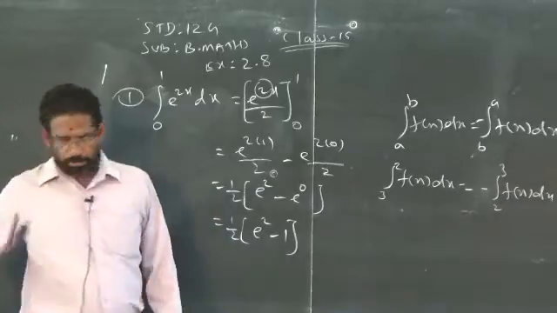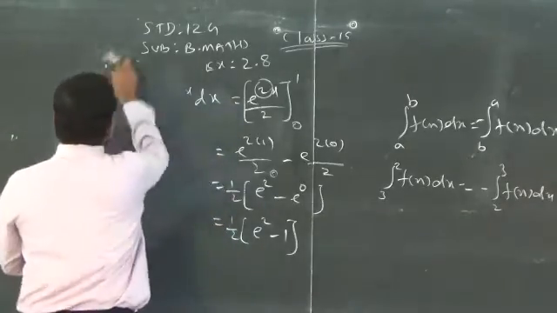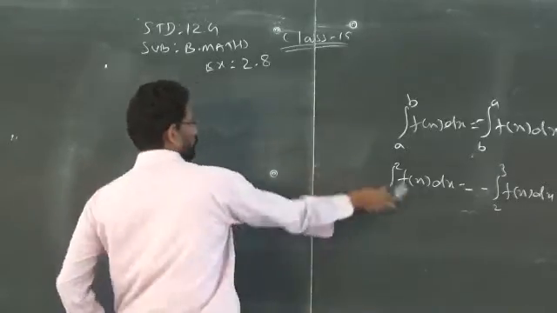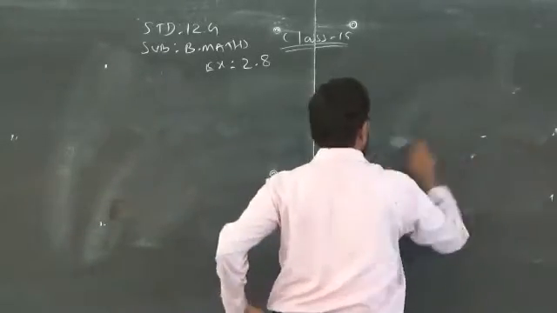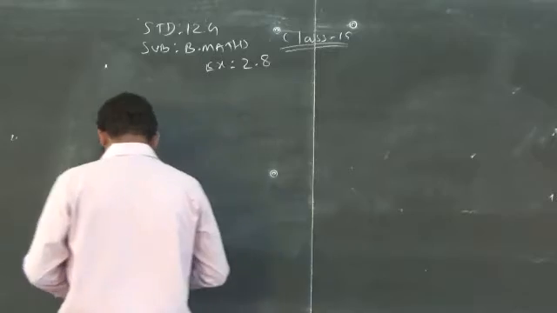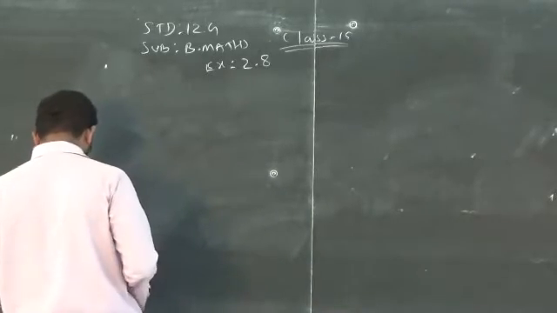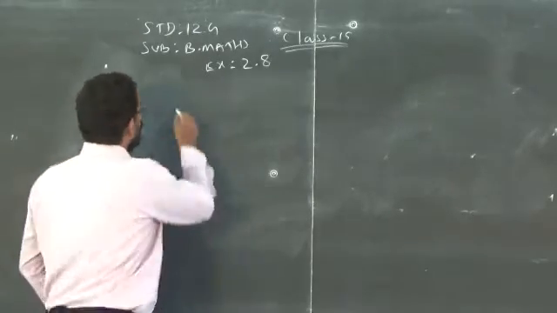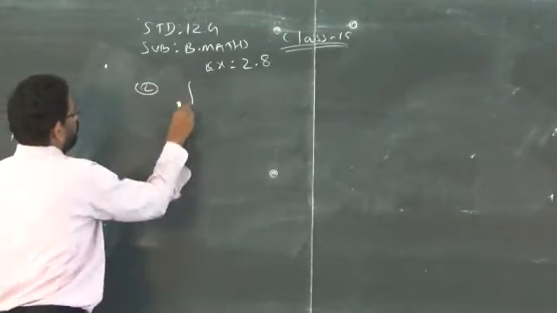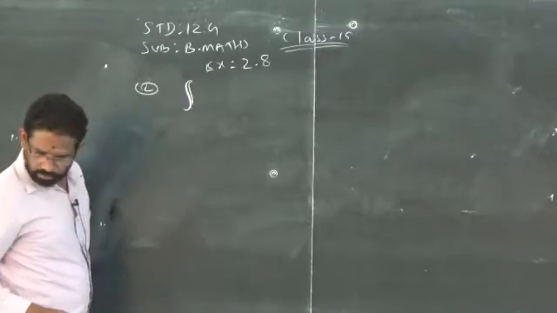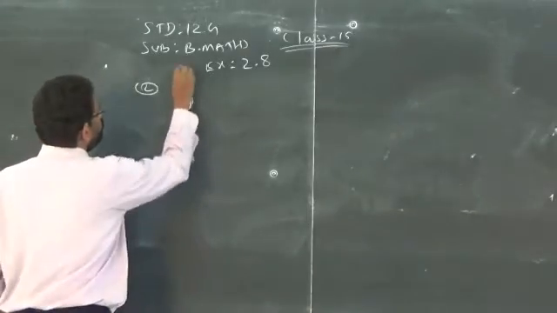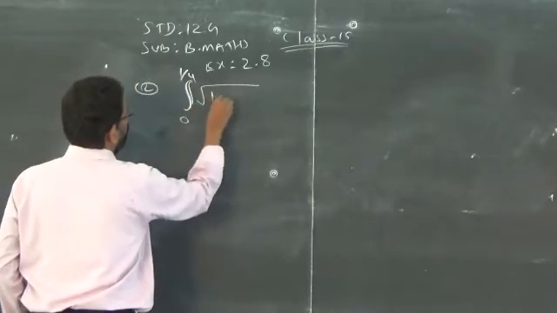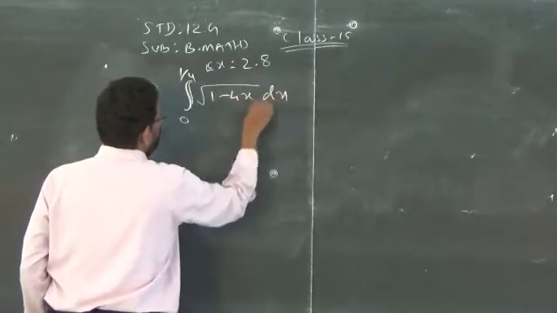Now we will go to sum number 2. Sum number 2: integration 0 to 1 by 4 square root of 1 minus 4x into dx.